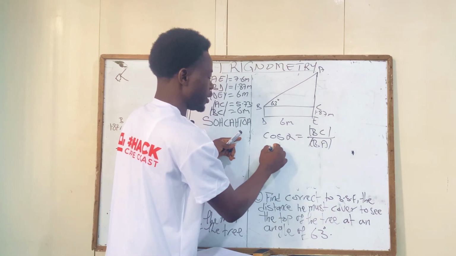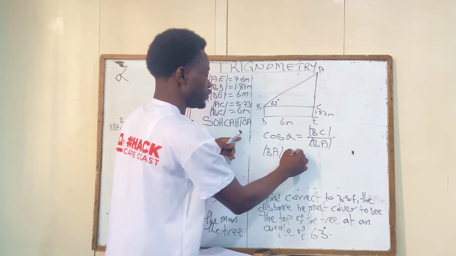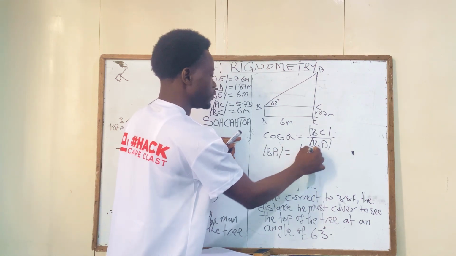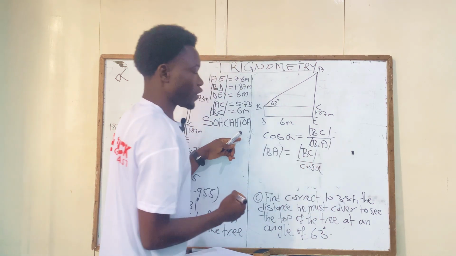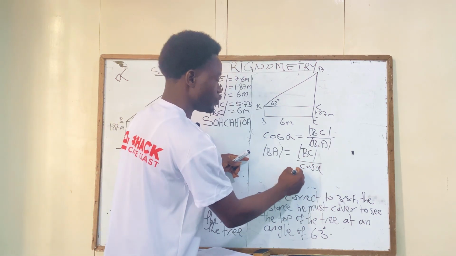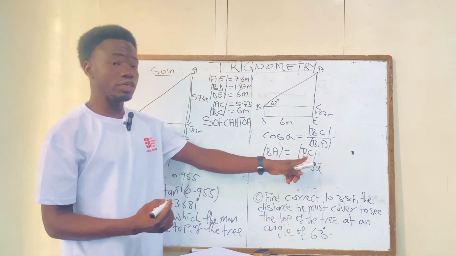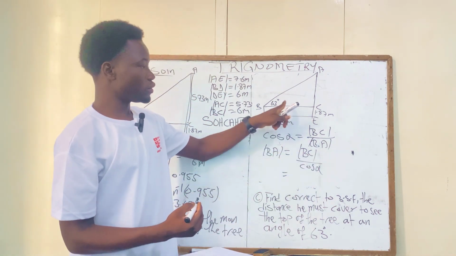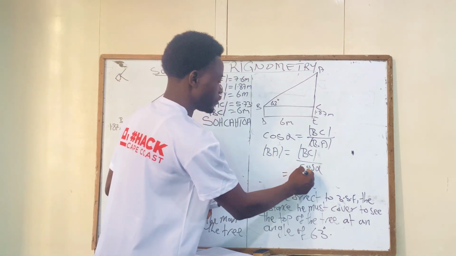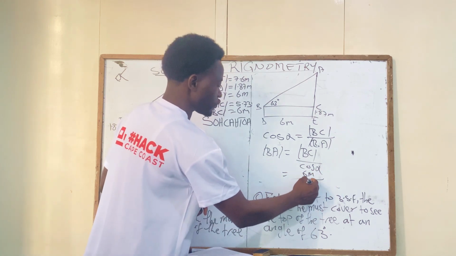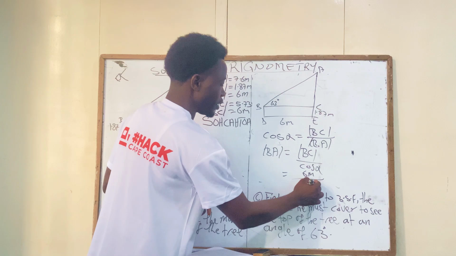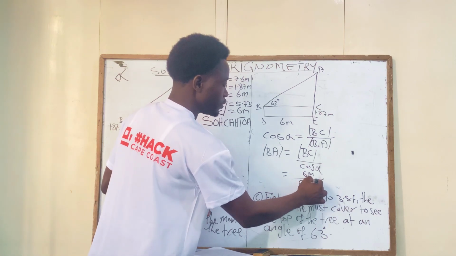And so BA is equal to BC, and divide through by cos alpha. This is equal to, I know the BC to be 6 meters, so I just put 6 meters, and then we have cos of the angle, and the angle now is 63 degrees.